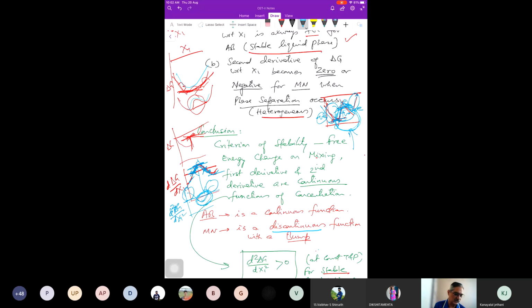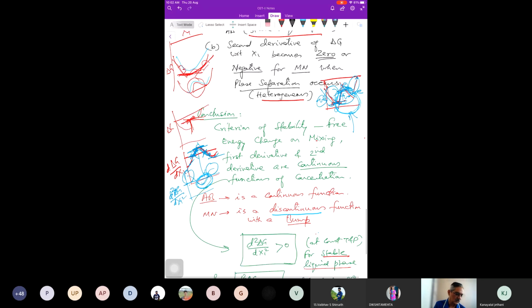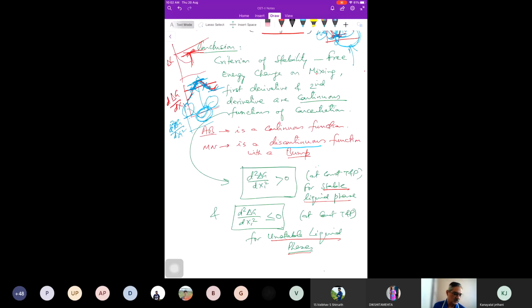This is not a continuous function. So d square delta G by dx1 square is greater than 0 for a stable liquid phase, and it is less than or equal to 0 for unstable liquid phases.